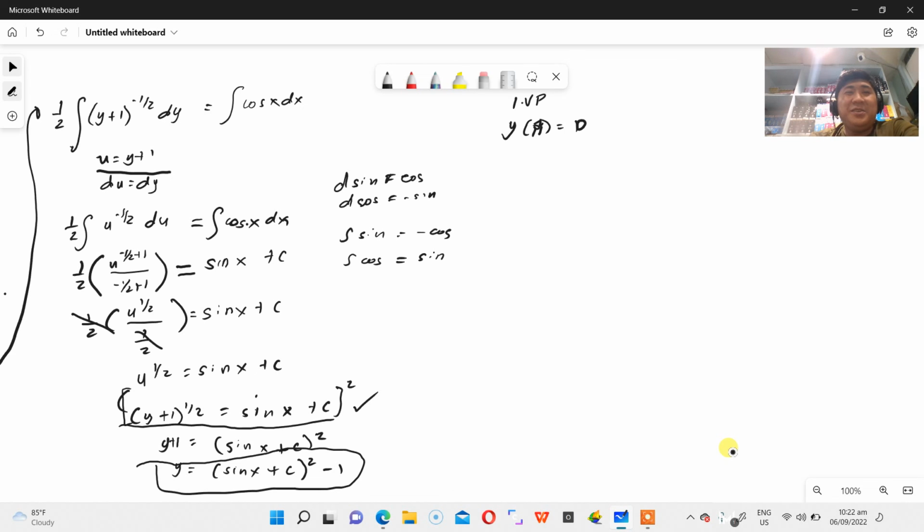Okay. So from there, just substitute. Therefore, your y is equal to 0 if your x is equal to pi. Just copy first: y equals sine x plus c squared minus 1.